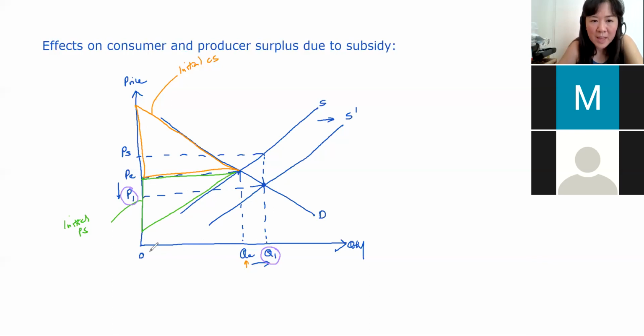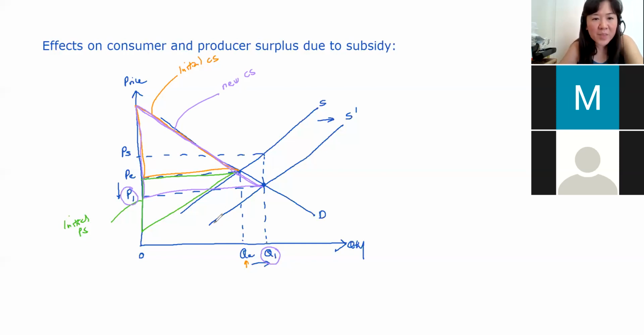So this purple area is what we call the new consumer surplus.